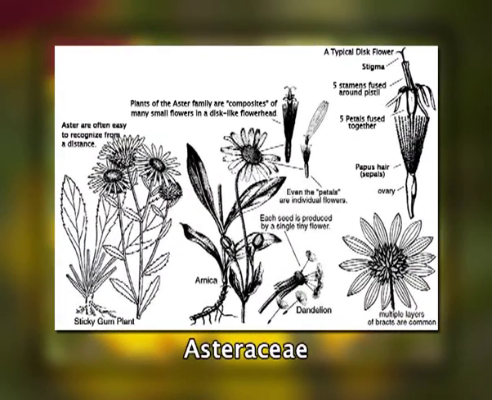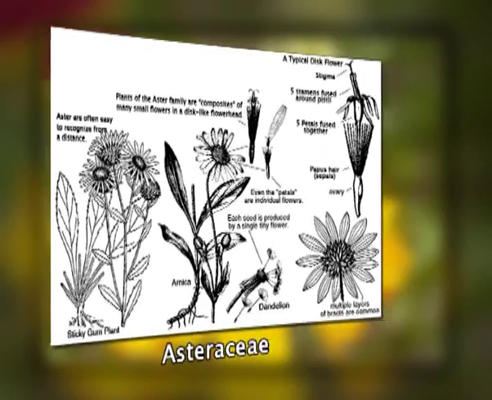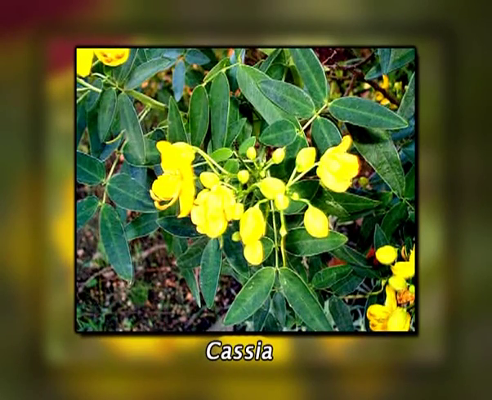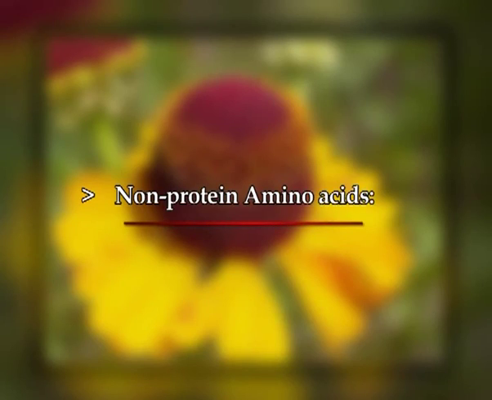For example, Asteraceae, Cassia, etc. However, it is very difficult to draw any conclusion on evolution based upon the data on free amino acid composition alone, as amino acid composition greatly varies with climatic and nutritional conditions as well as with storage and handling patterns. Second, non-protein amino acids.